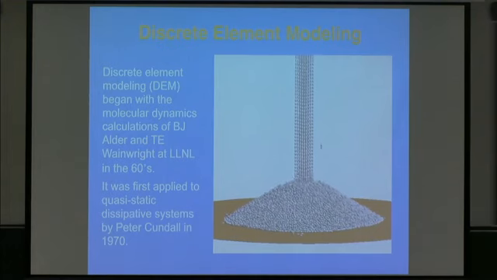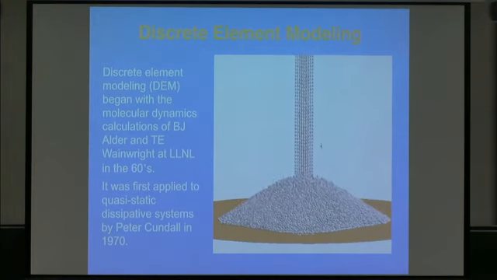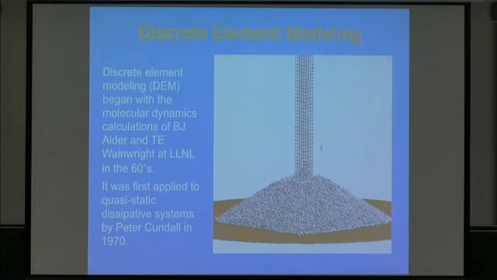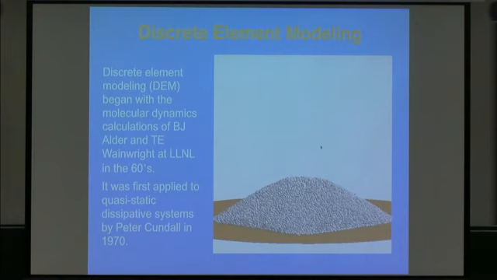Once we've got the new positions, then we find the new forces based on new overlaps between grains, calculate new forces, new positions, and we just force, motion, position, force, for however many millions of time steps.